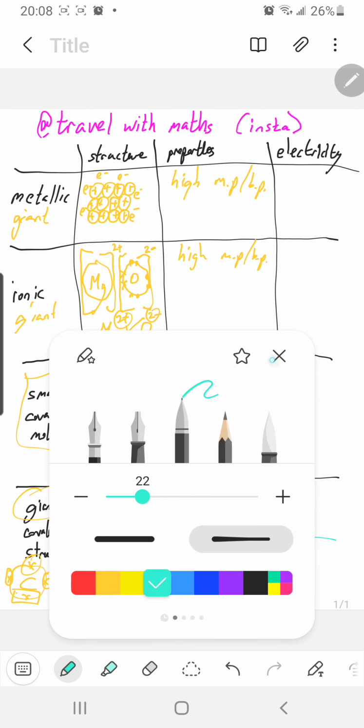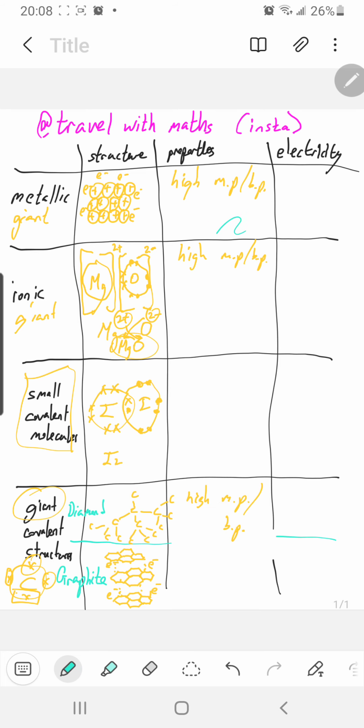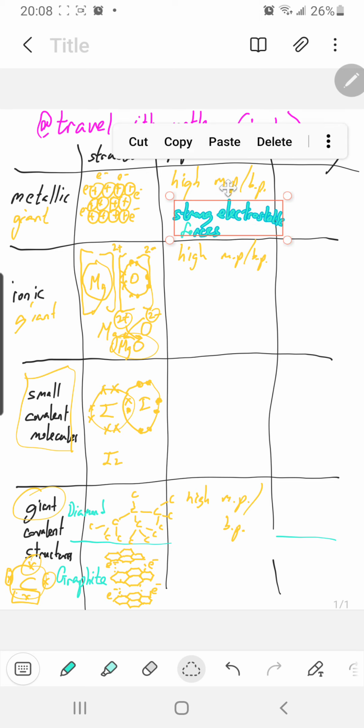In metallic and ionic, it's because of strong electrostatic forces of attraction between opposite charges.